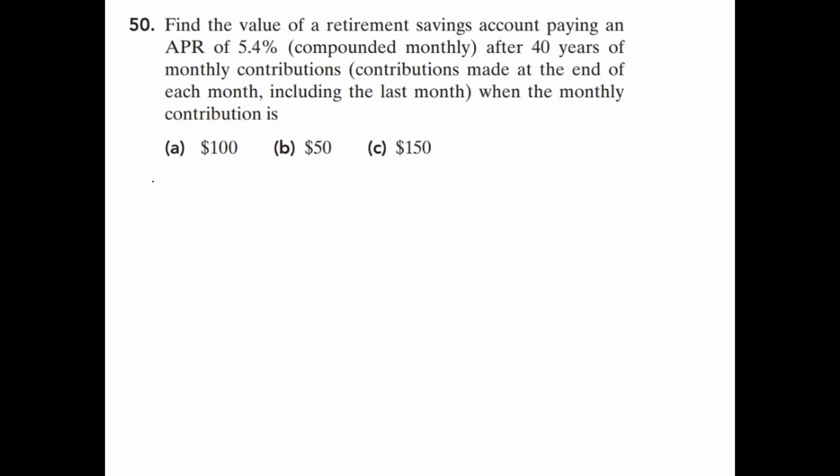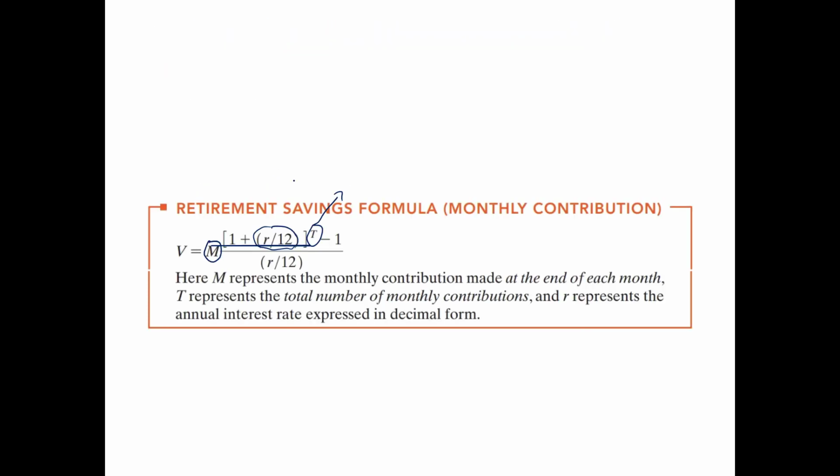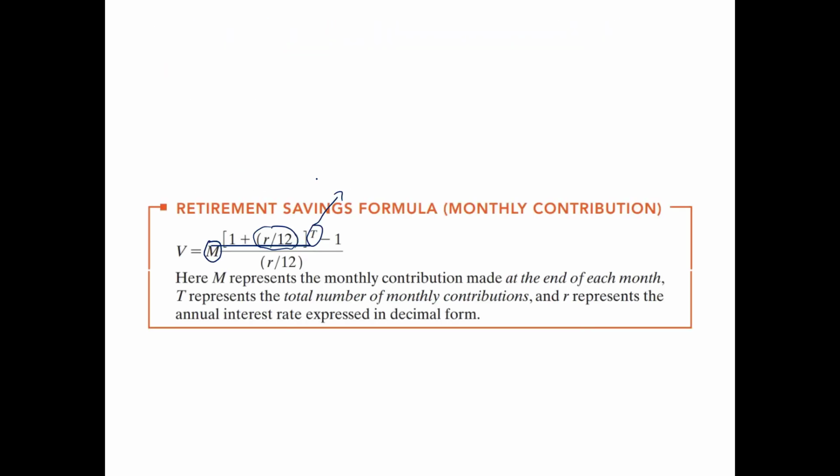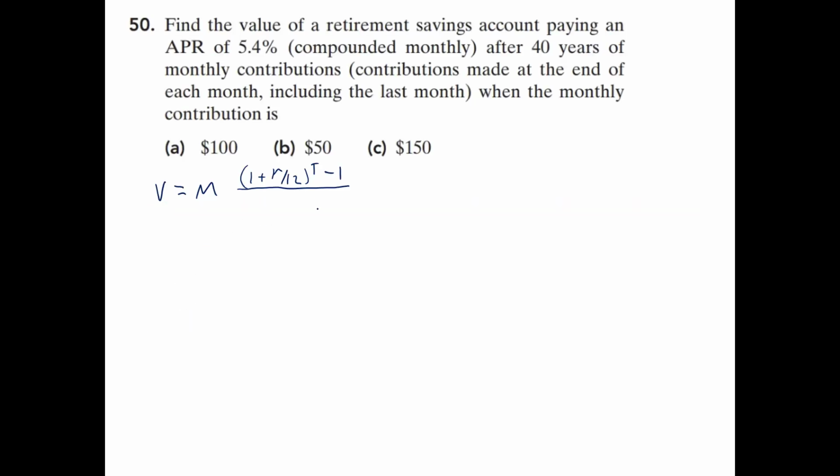V is equal to M times 1 plus R over 12 raised to the T, minus 1, all divided by R divided by 12.